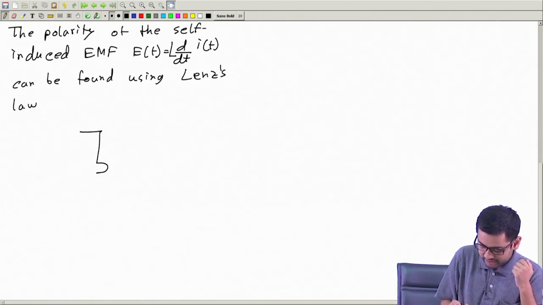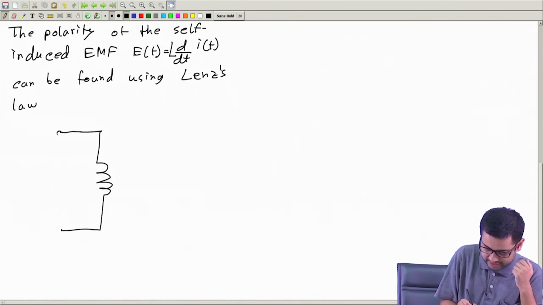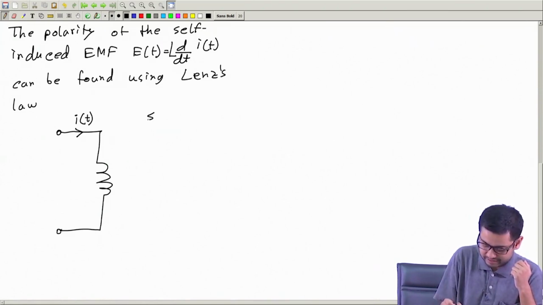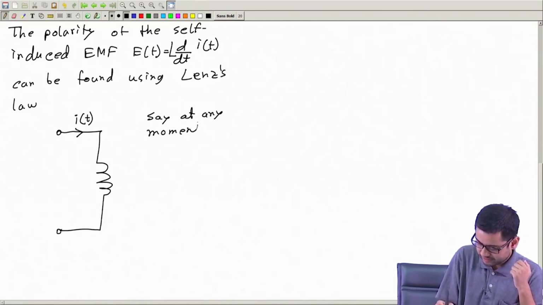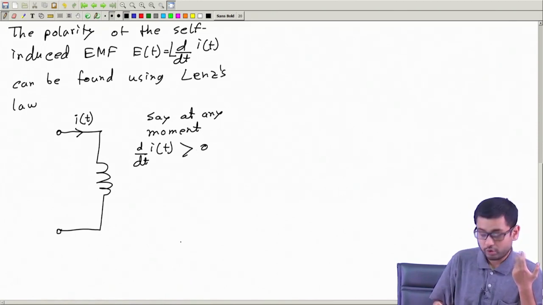So if this is the coil and these are the two terminals, the current I is like this. This is the chosen direction. Now say at any instant, this derivative of the current is greater than 0, which means what?